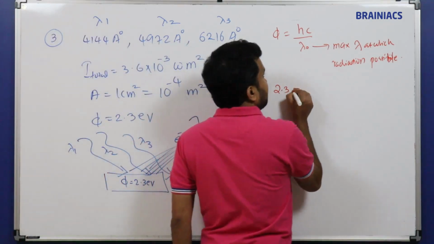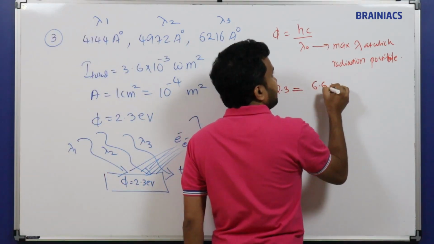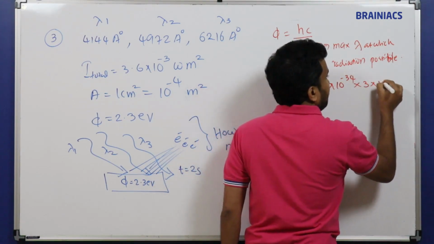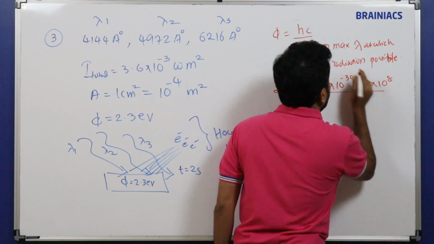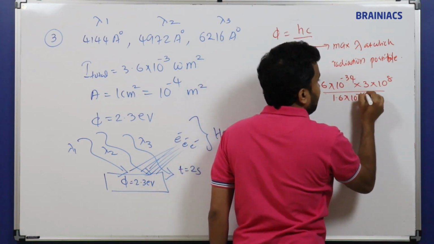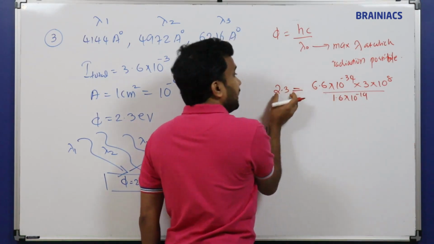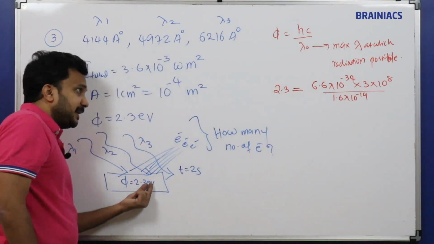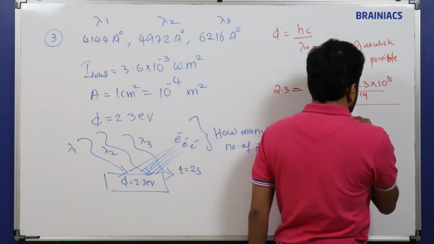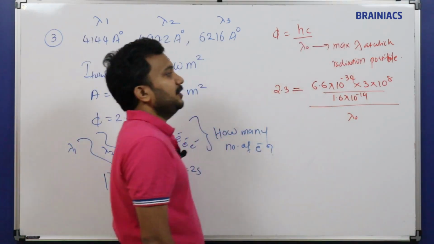So I will do it like this: 6.6 × 10^-34 into the velocity of light 3 × 10^8, divided by 1.6 × 10^-19. Why am I dividing? Because I need to convert into electron volt, divided by lambda 0.